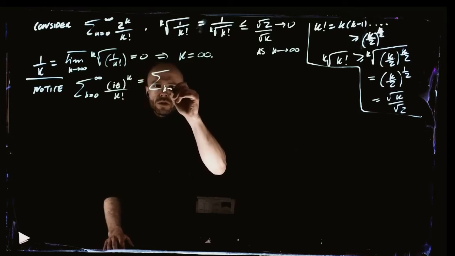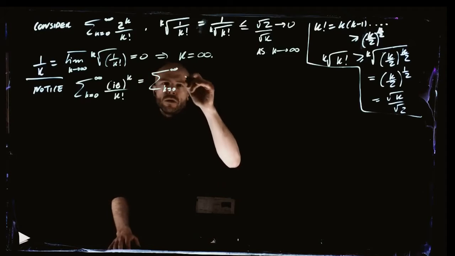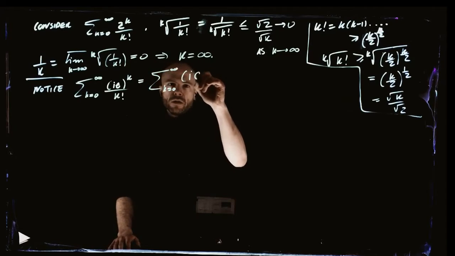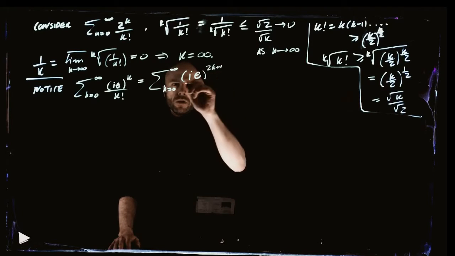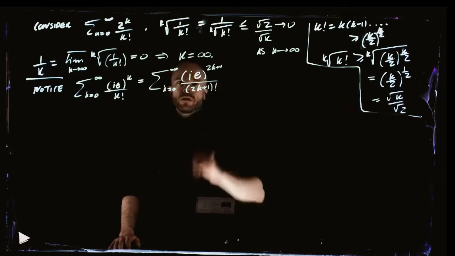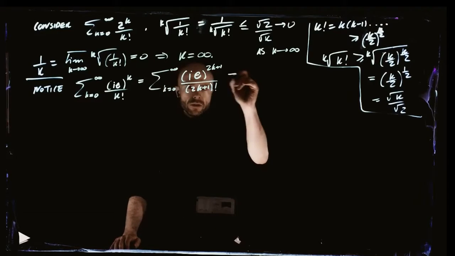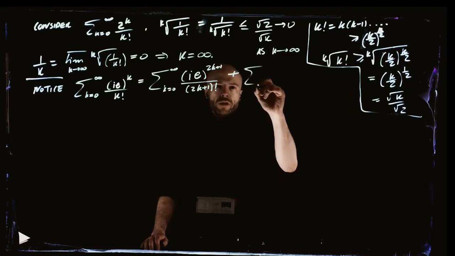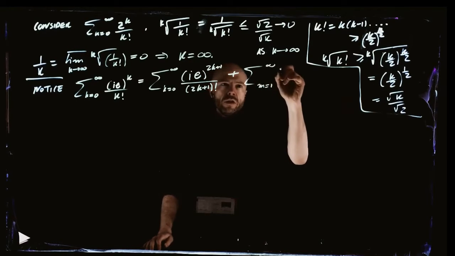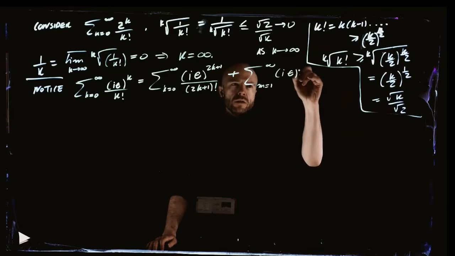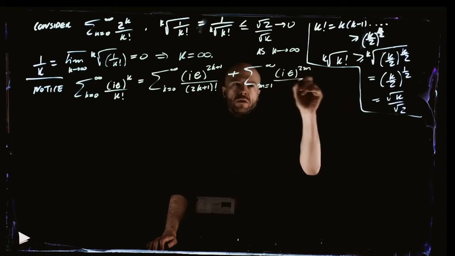The sum k equals 0 to infinity (i theta)^(2k+1) over (2k+1) factorial, like this, and then the sum over the even, say m equals 1 to infinity (i theta)^(2m) over (2m) factorial.